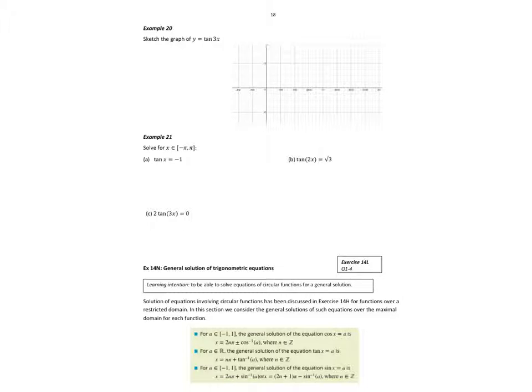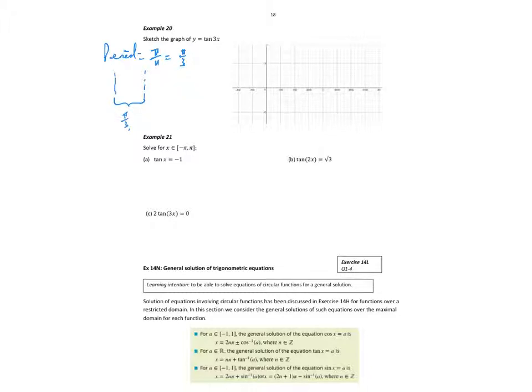So we can see here we've got the graph of tan 3x. We want that one. So again, first thing we identify is the period. For the tan graph, it's pi on n, which for us is pi on 3, which means, since we're not shifting left or right anywhere, the distance between asymptotes is pi on 3 units.